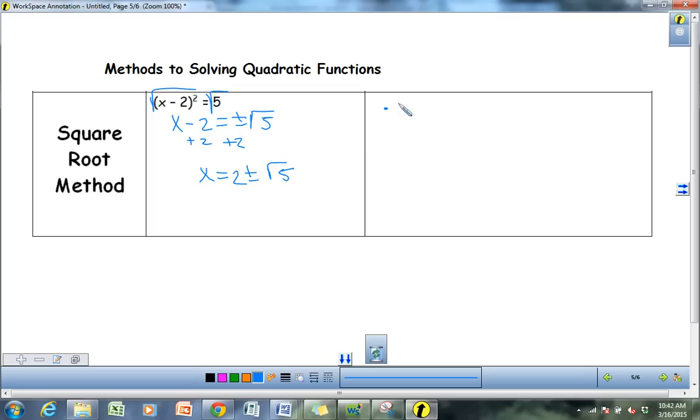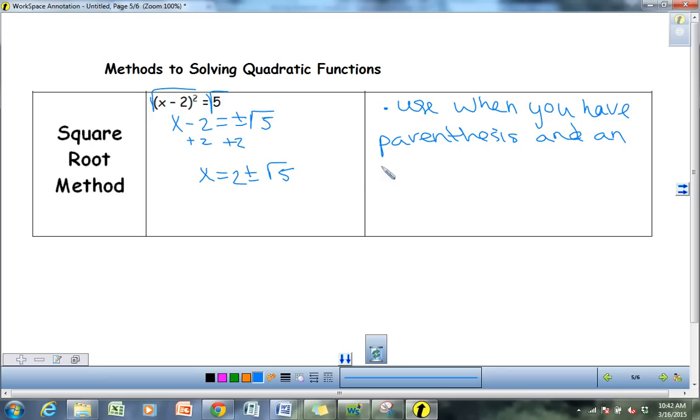So we are going to use the square root method when you have parentheses given to you and an exponent of 2. Other than that, I would not use this method.